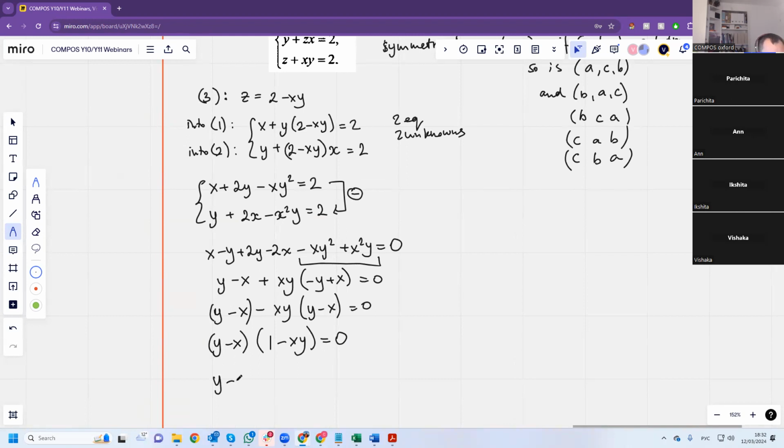You have either y minus x equals 0, or you have 1 minus xy equals 0. So either y is equal to x, or xy is equal to 1.